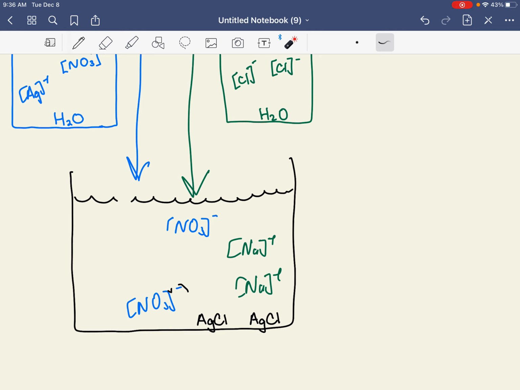You can't even call them spectators, which we will see later on. But, of course, because NaNO3, sodium nitrate, is soluble, so being in a solution still full of water, they're going to stay separated.